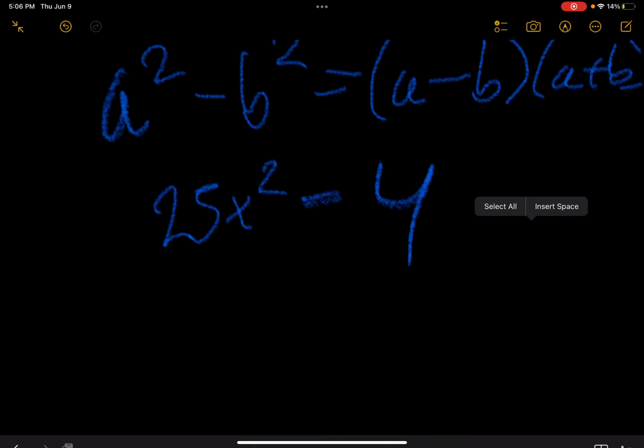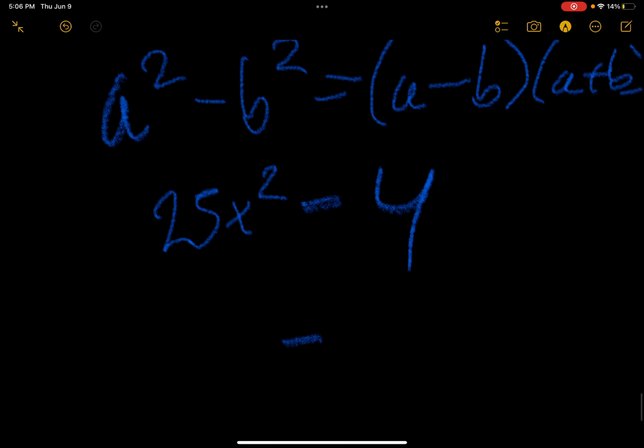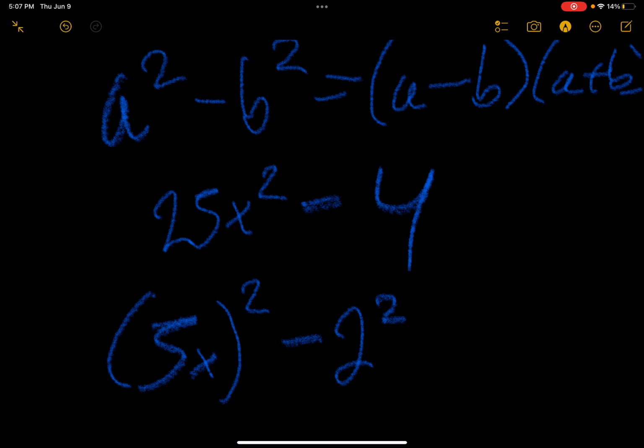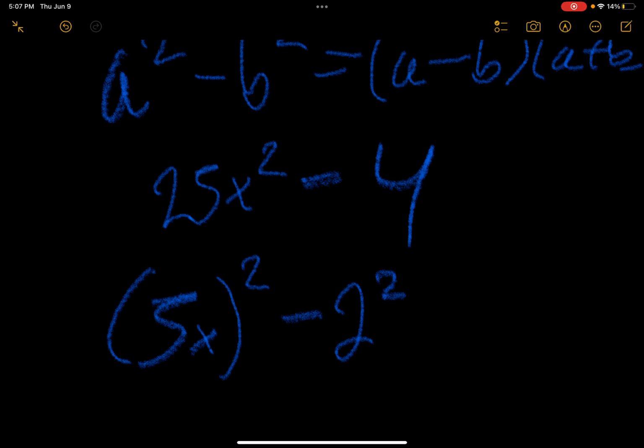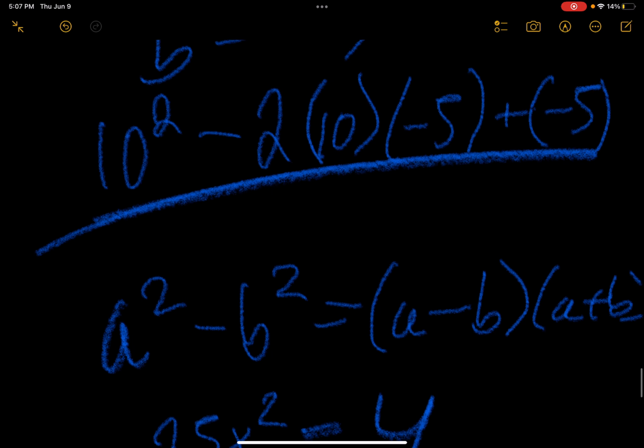Minus 4, negative 4, so negative 2 squared, right? Yeah, minus 2 squared, and this section might be wrong, I'm not sure. Then 5x squared. That's how you put this into that form. Kind of easy, nothing to worry about.